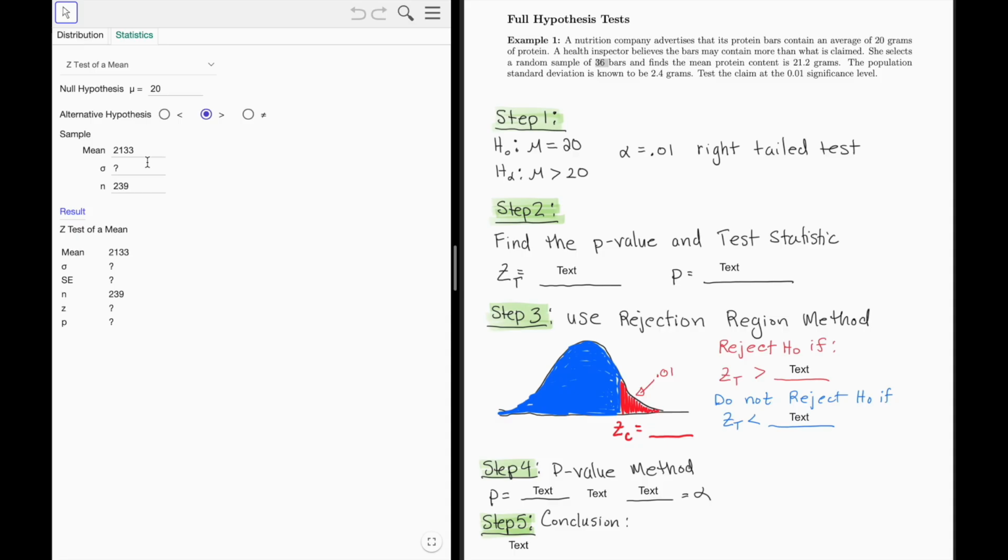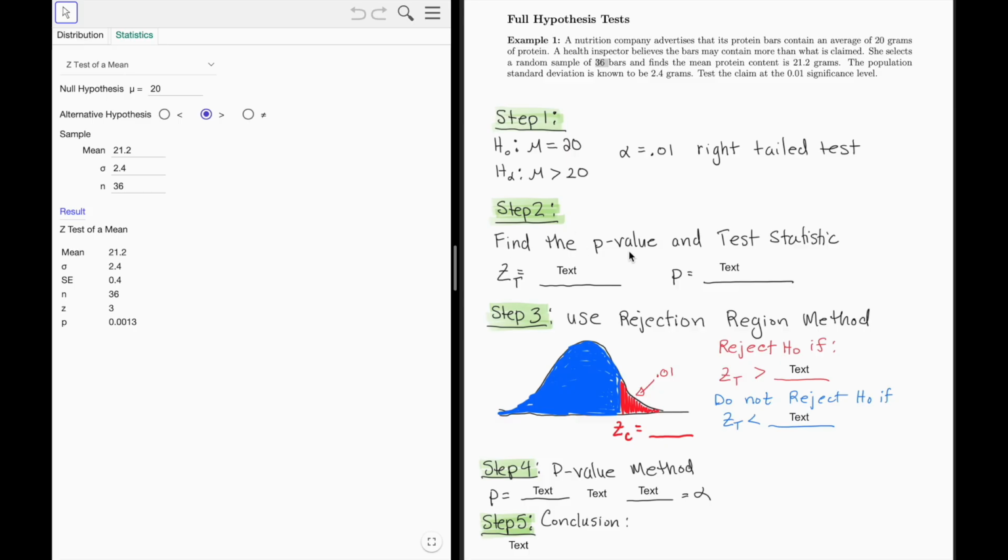And then I'm going to put in the information from the sample that was given. The mean was given as 21.2. The population standard deviation is known to be 2.4. And the sample size is 36. So we have the information now that we need for step 2.